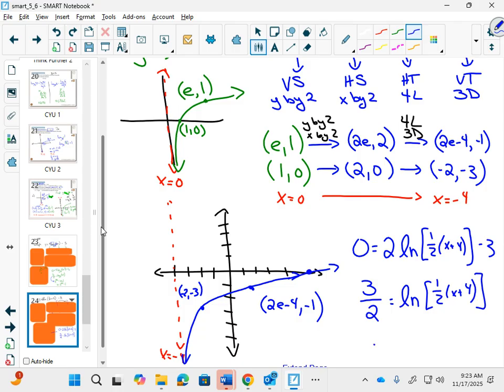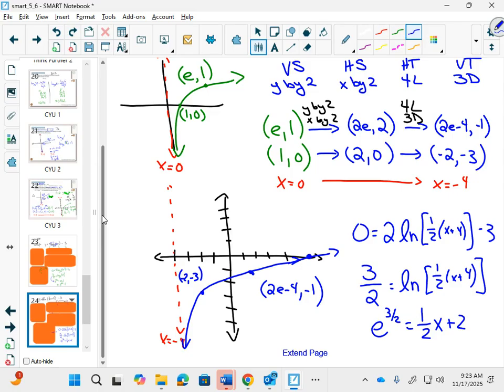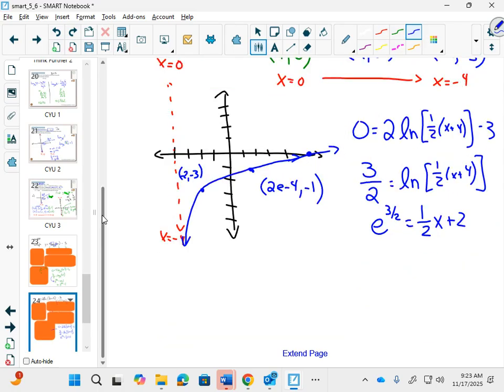And then once I have a single logarithm, the base is e, the exponent is 3/2. It would equal 1/2 x plus 2. I'll distribute that. Move the 2 over. Multiply everything by 2.